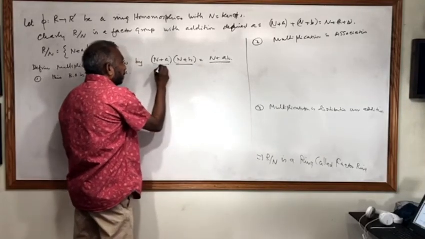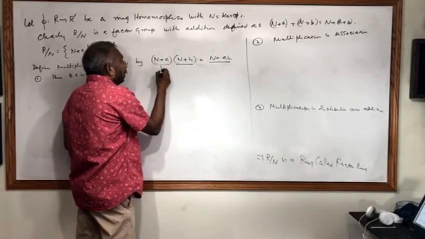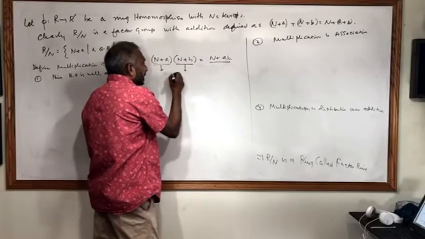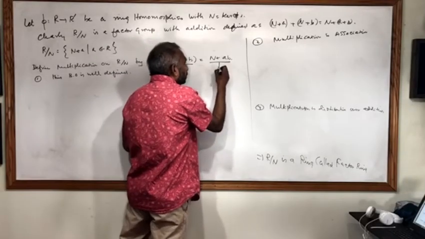So we will take a representative of this coset, and take another representative of this coset, and see that the product falls into this one.